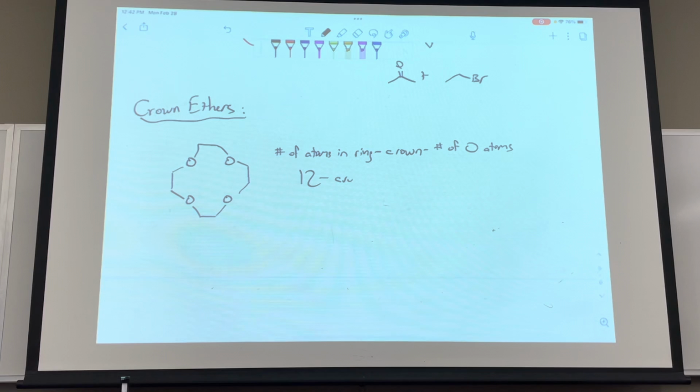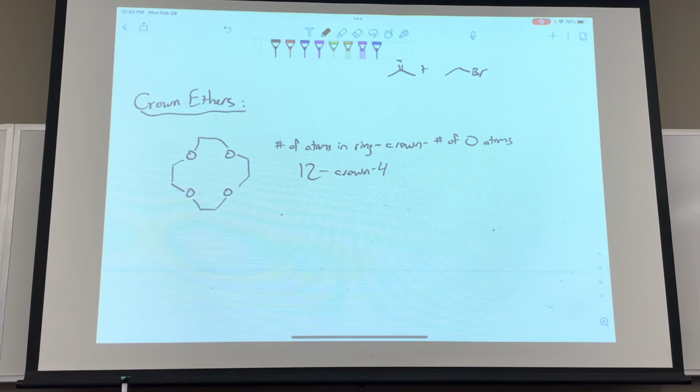Then the word crown, and then the number of oxygen atoms in this are 4. So we call it 12-crown-4. And these have a very specialized purpose. And what they do is they complex metal ions.